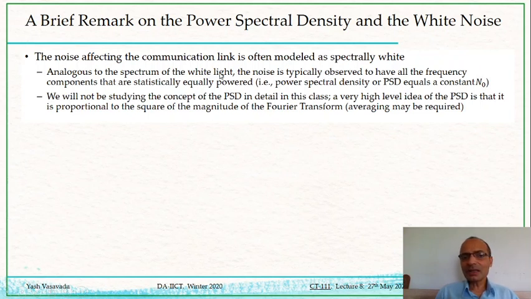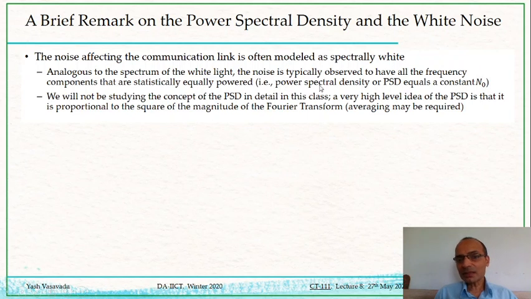The reason the light that we see is white is because it has all of the colors, meaning different frequencies representing different colors, they all are equally present. And similarly, the noise that we often encounter in the communication system also has equally strong power at all of the different frequencies.